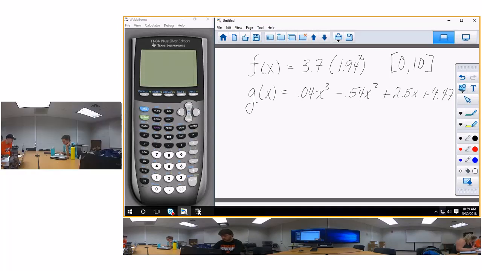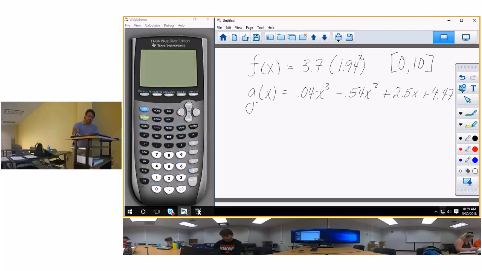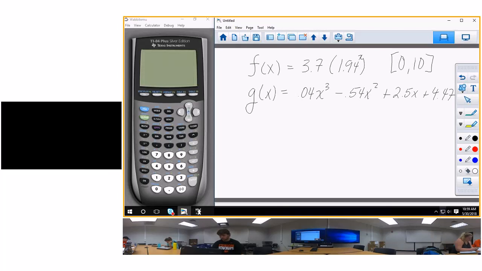They do want you to find the intersection point. And you can do that with the graph on this one, or you can do it with the algebra. I would suggest the graph. There is an intersection point.